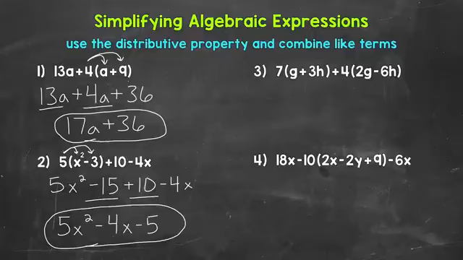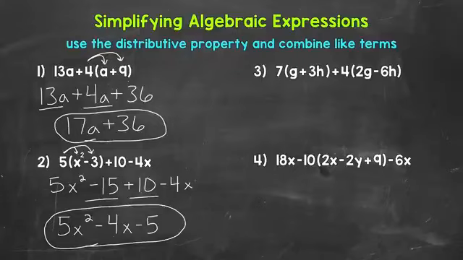Then we have negative 4x, so that variable has an understood exponent of 1. Remember, whenever there isn't an exponent written, there is an understood exponent of 1. Anything to the power of 1 is just itself. And then we have the constant term of negative 5 last. So that's something to keep in mind as far as writing out expressions.